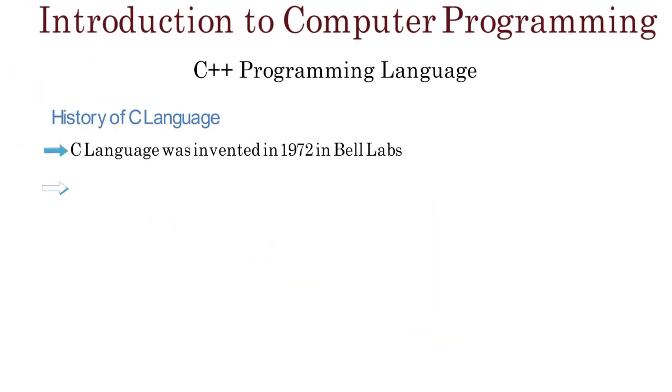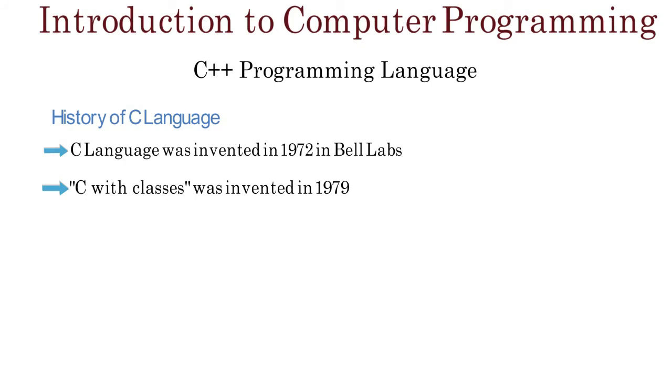In 1979, C++ was invented at Bell Laboratories. At that time, it was called C with classes. C is one of the famous languages, but it has its own limitations. By that time, complexity of computers increased gradually, and so the programming complexity increased.